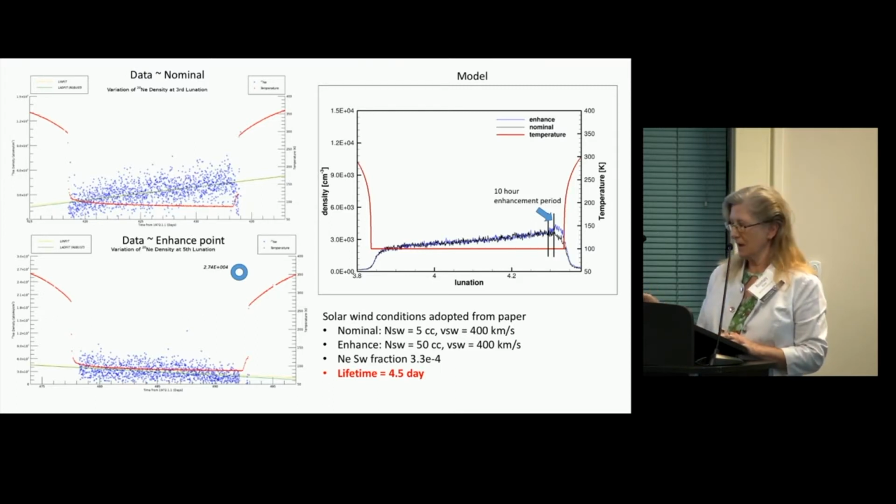We used a lifetime for neon of 4.5 days, consistent with the fact that all of these measurements were on the night side. The other curious thing is that in some of the lunations the surface number densities increased over the night side, and sometimes they didn't. This is our increase here. It's before the temperature rise, so it's not associated with an increase in temperature.